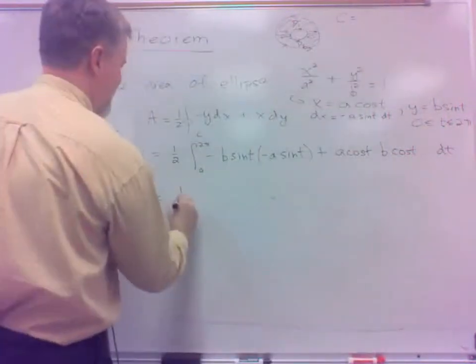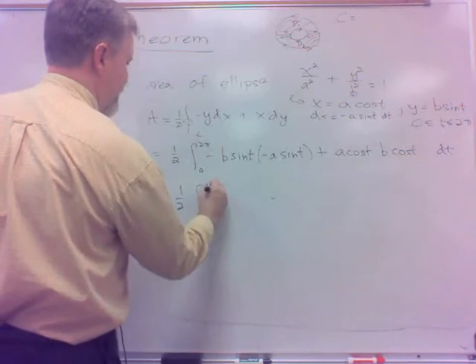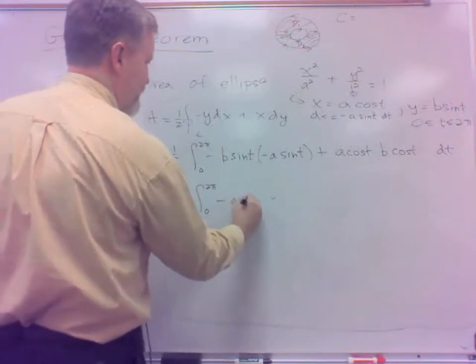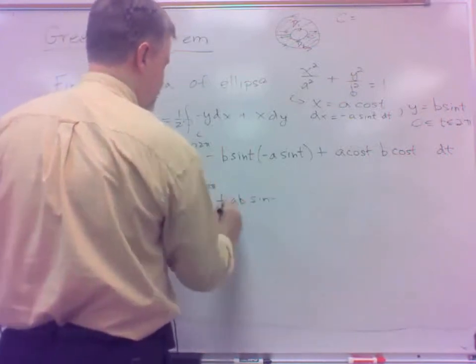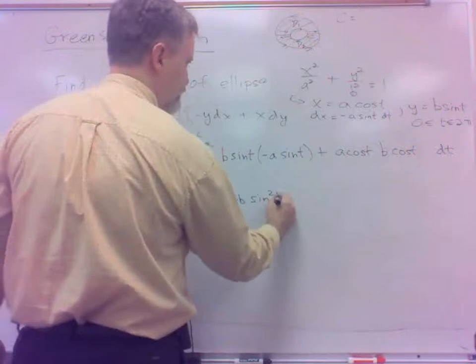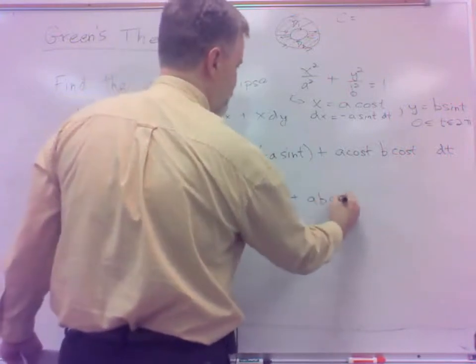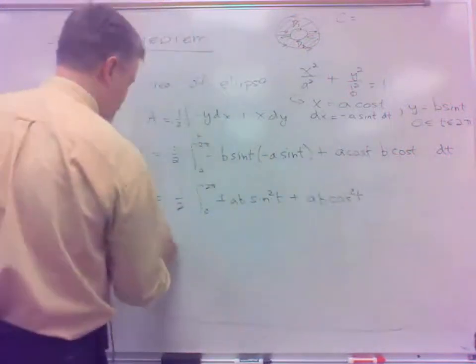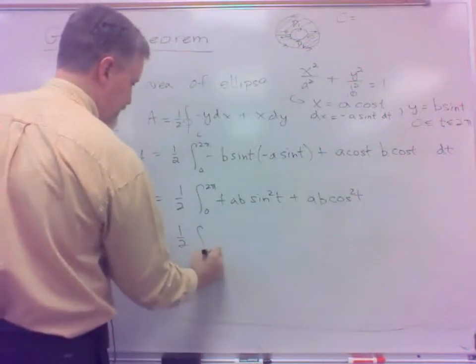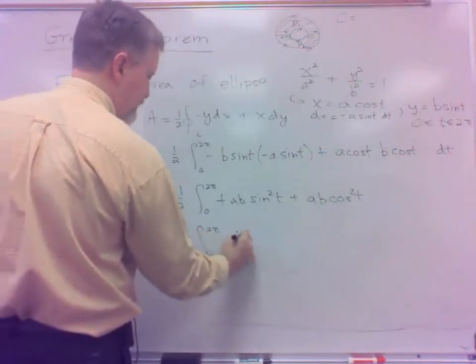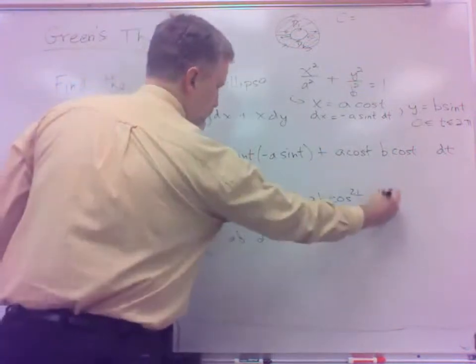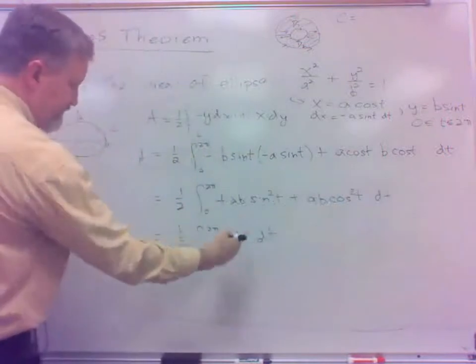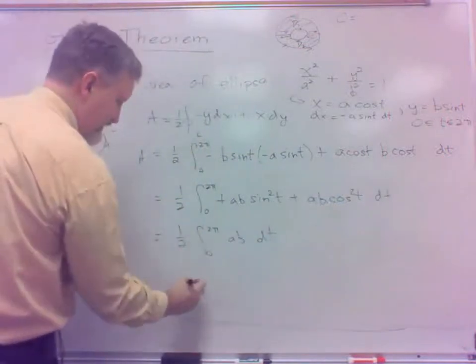So you get 1/2 the integral 0 to 2 pi of negative ab sine squared, positive ab sine squared plus ab cosine squared. And as we know, cosine squared plus sine squared is 1, so that's just ab, 0 to 2 pi. Which ab are just constants, so it'd be abt.